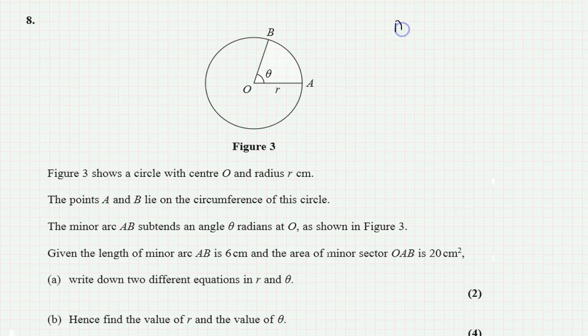So first thing given is minor arc AB is 6 cm. The radius is r centimeter, and the area of minor sector.